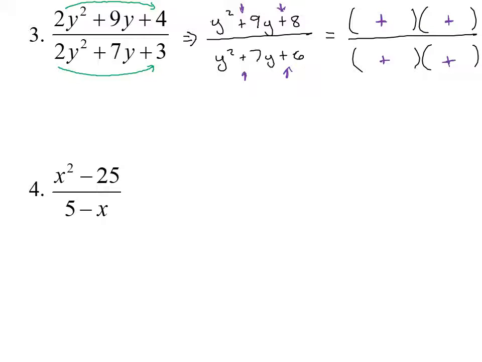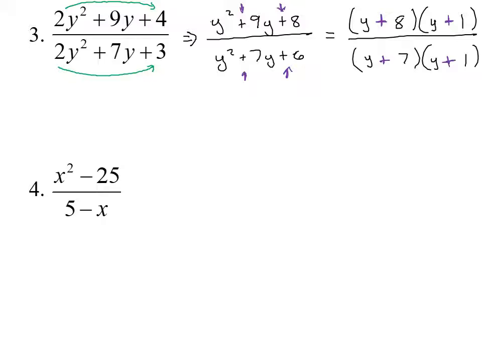The y squared will just become y and y on every one of them. And then the top one, you need two numbers that multiply to 8 that add to give you 9. So in this case, I would use 8 and 1. And the bottom one, I need two numbers that multiply to 6 that add to give me 7. I would use 6 and 1.